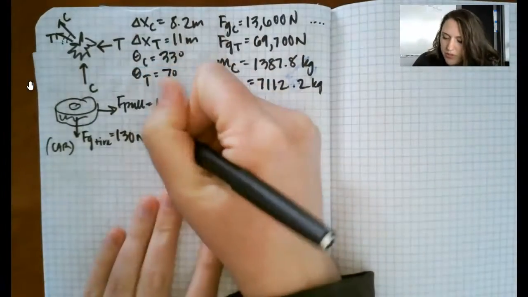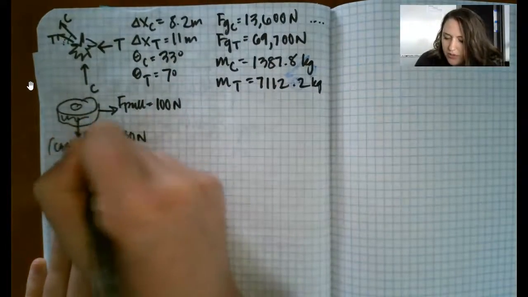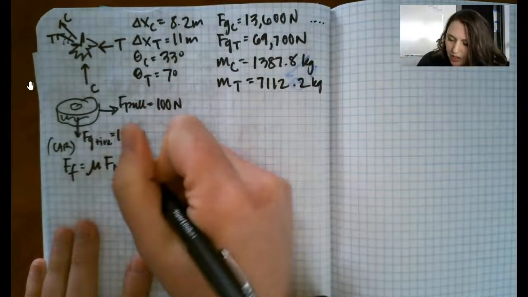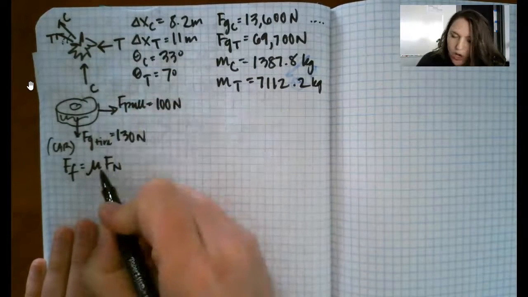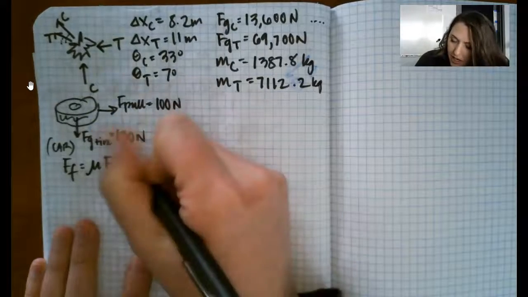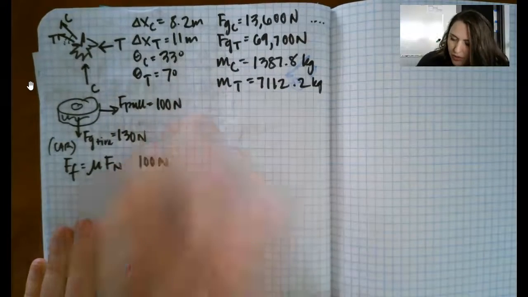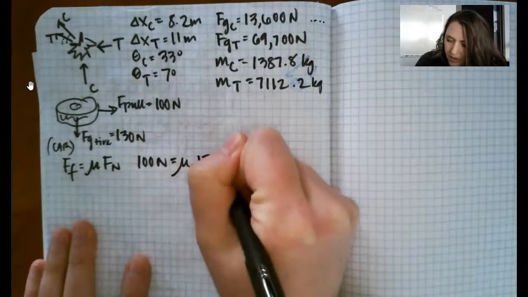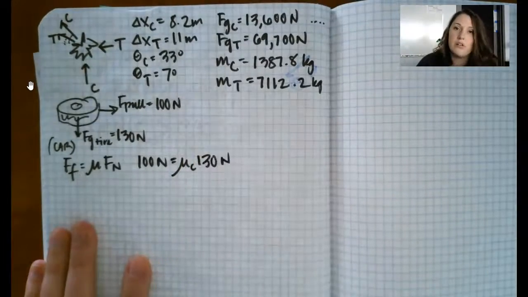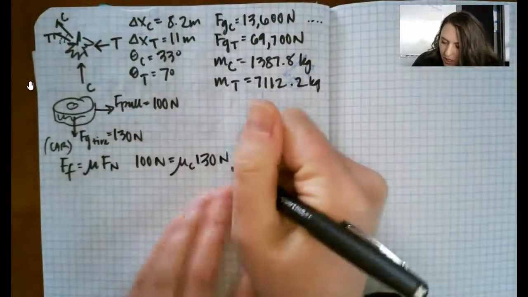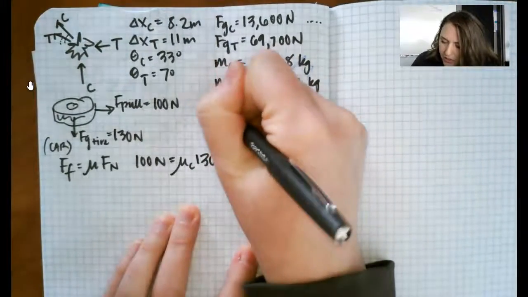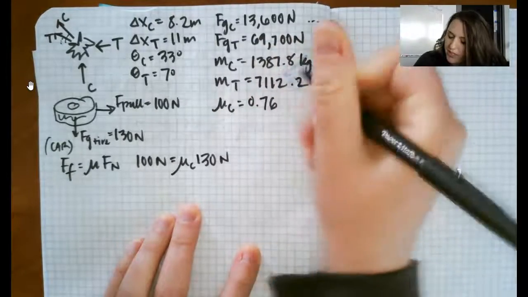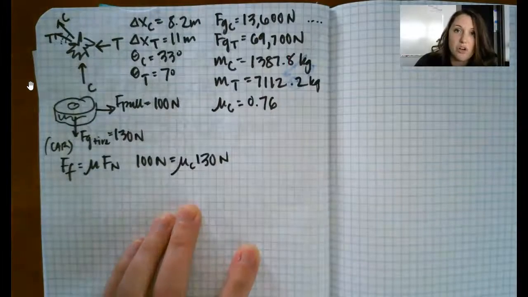And I know that the force of friction is equal to the coefficient of friction times the normal force. So if I want to figure out the coefficient of friction for the car, I know it takes 100 newtons to pull it along, equal to the coefficient of friction times 130 newtons, which is the normal force of the car. When I solve for that, I get that the coefficient of friction for the car is 0.76, and there's no unit, it's just a number.